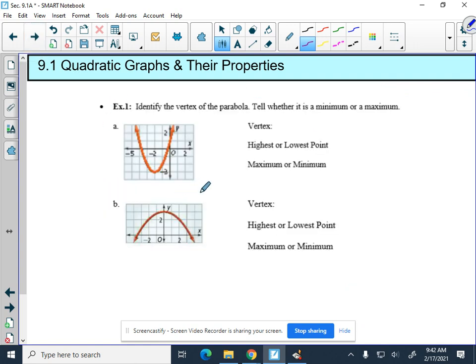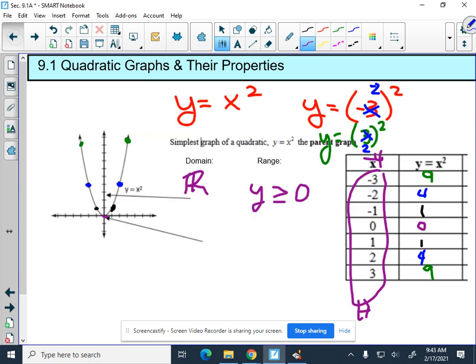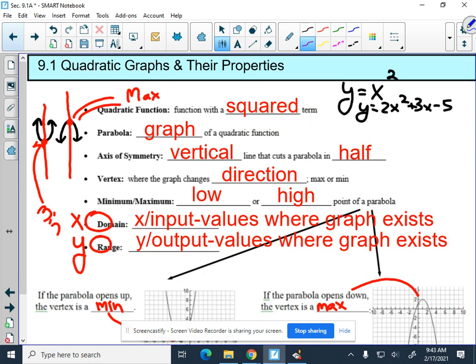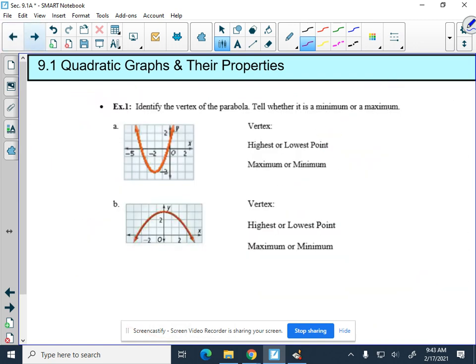Okay. Next, it says, identify the vertex of the parabola. So the vertex, if you look back to the first page, is the turning point, the place where things change, where the graph changes direction. If we look, this point here, that's the vertex.